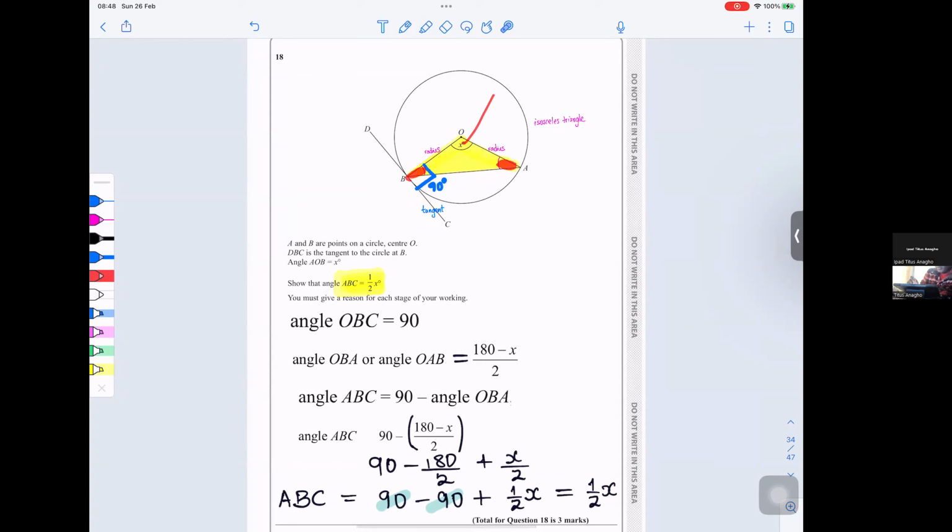When you add all of them, it makes 180. So 180 degrees minus x, divided by 2, gives those two angles, OBA and OAB. So angle ABC is 90 minus OBA.